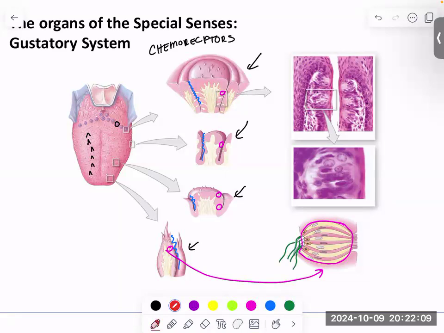When you eat a salt molecule, a sugar molecule, a sour molecule, a bitter molecule, an umami molecule, they're going to come in contact with the appropriate neuron, and it's a chemoreceptor. It's going to send that signal of taste to the brain. So it is a chemical receptor that binds to the receptors at the ends of your taste buds.